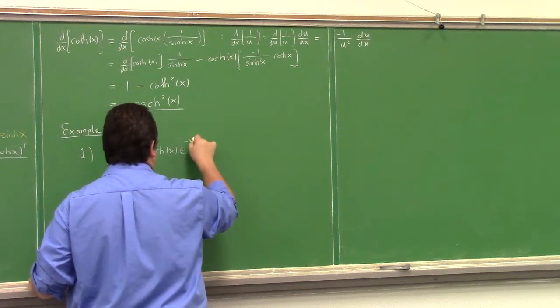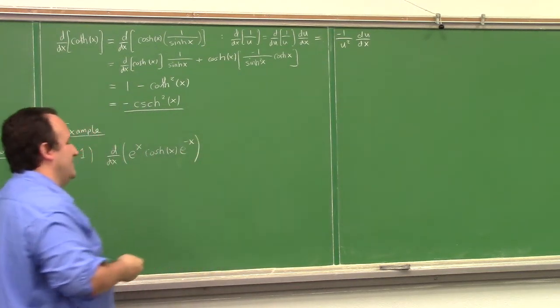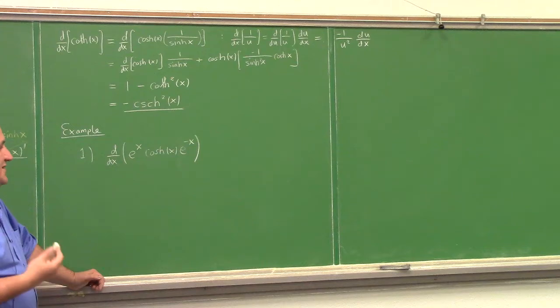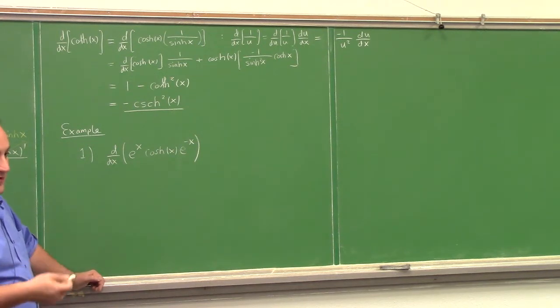Times e to the minus x, right? At this point, it's kind of like, oh, man. If I had to do the product rule, there's a couple different ways you can go here. So give me some options. What should you do if you have this? Should you just differentiate? You know the triple product rule, so you could do it, but that would be unwise, because what should you do?